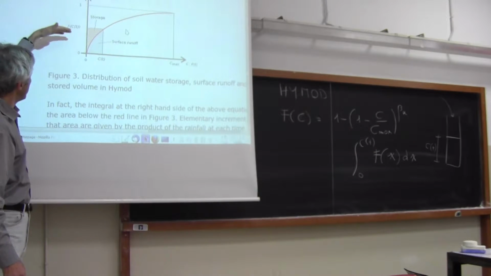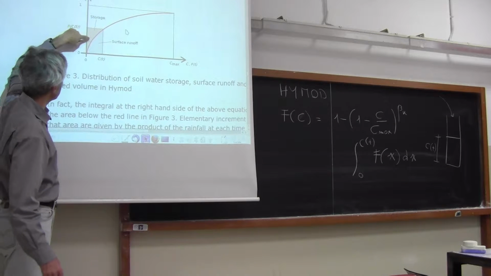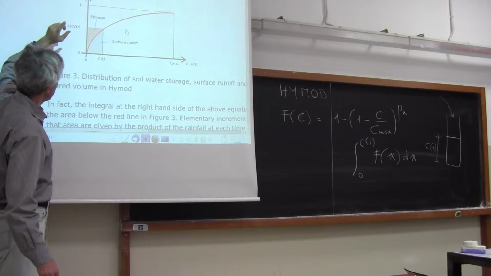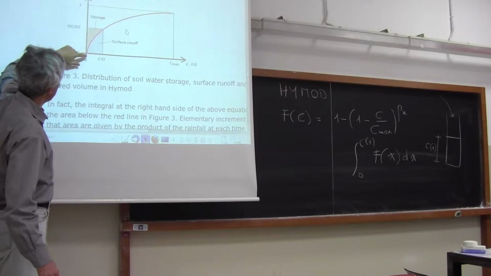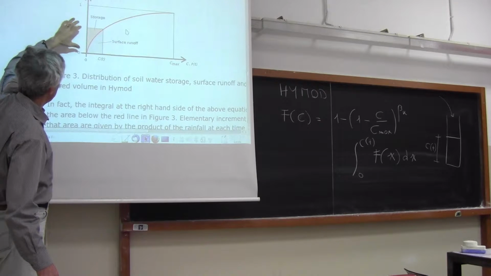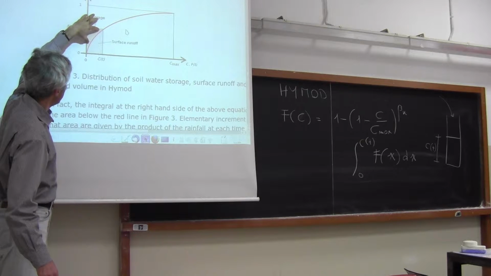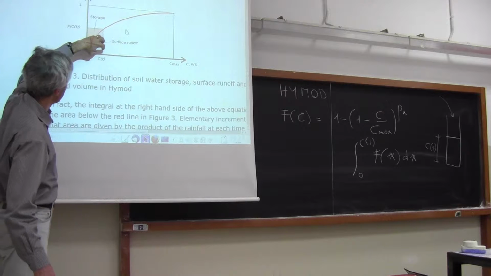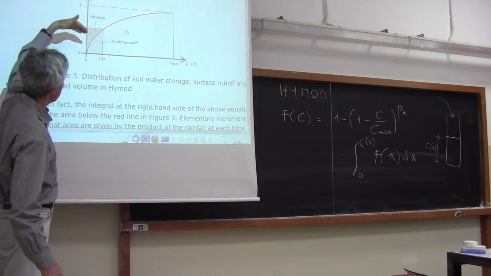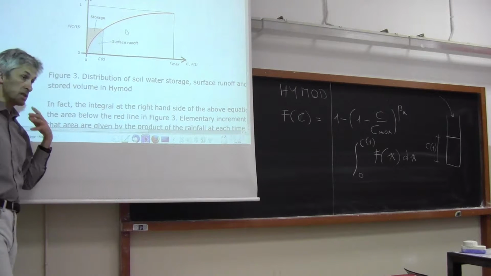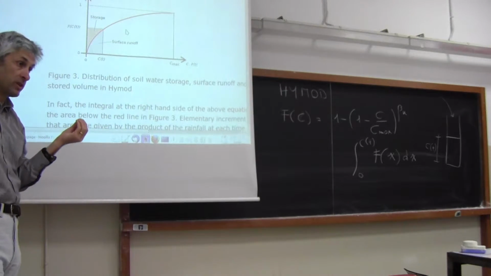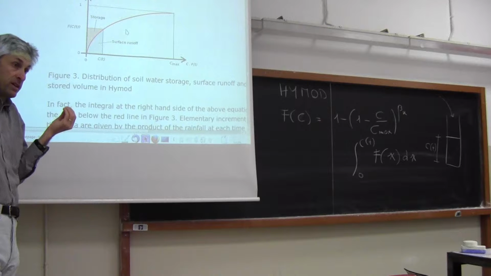Now, if we look at the upper part, what is depicted here in pink, what is this? First of all, it's the storage. Why is that? Because if this is surface runoff, what is above the curve is the product of rainfall times the fraction of the unsaturated area, an average value.